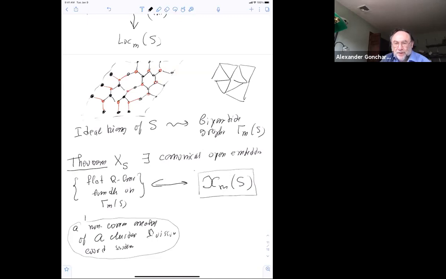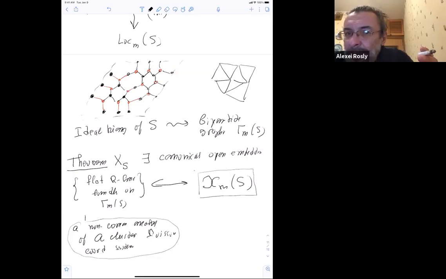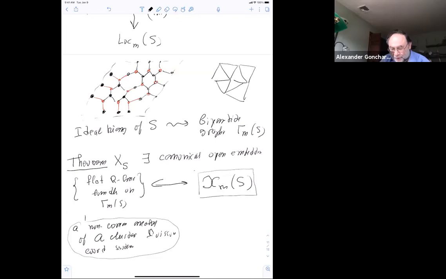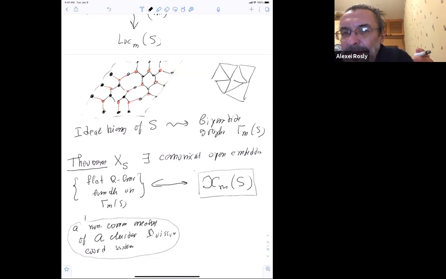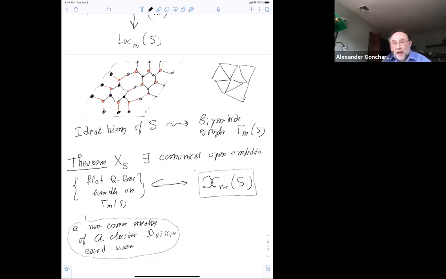We consider them just as a graph. So the monodromies around small loops are the key players. They are the coordinates in the commutative case. In the non-commutative case, the graph is not homotopically equivalent to the surface. Yes, right. Now I understand.